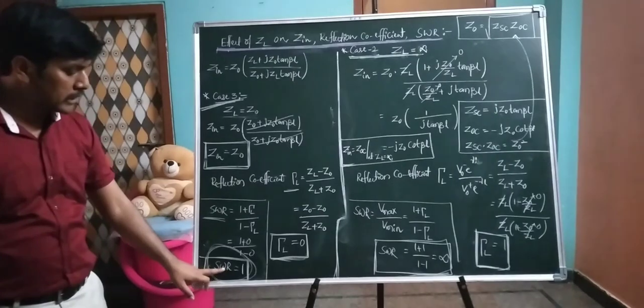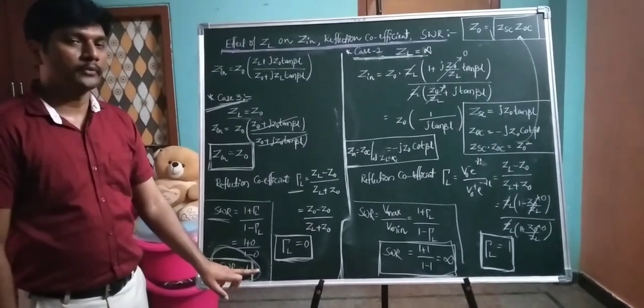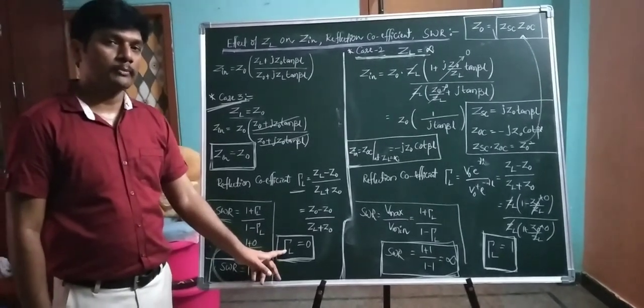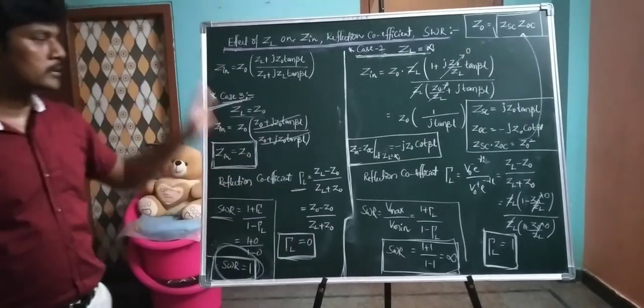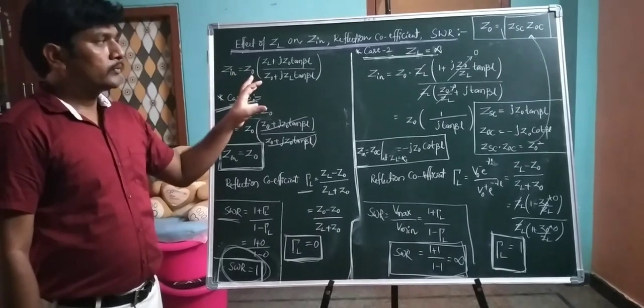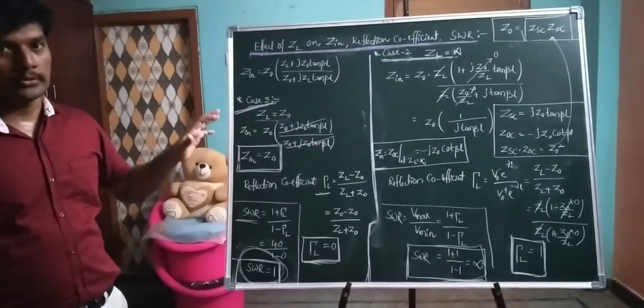So the possible values of the standing wave ratio are 1 or infinity, whereas from the reflection coefficient point of view, the possible values are 0 to 1, right? This is how the load affects these three parameters.